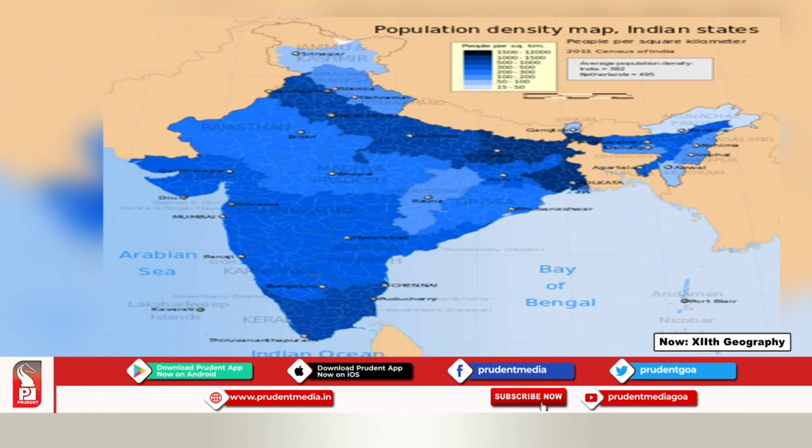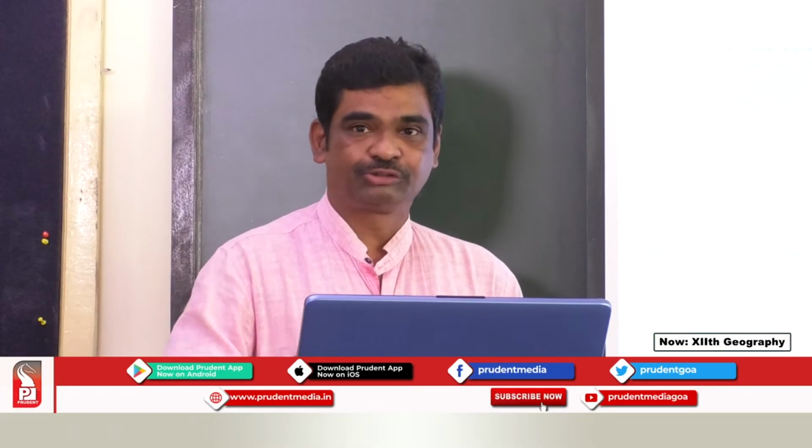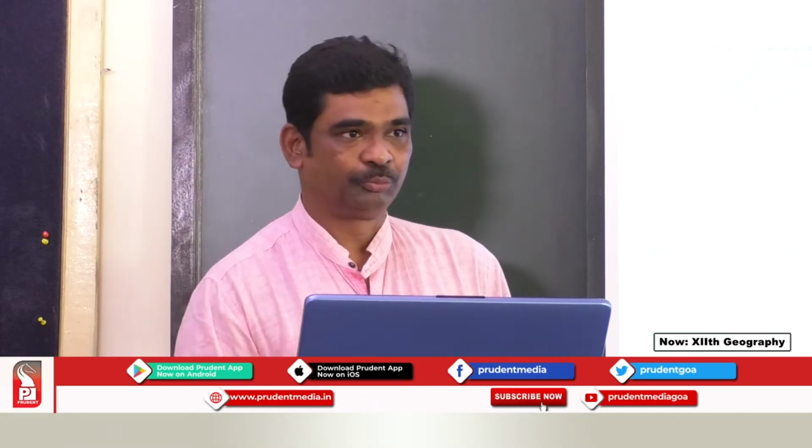This is the map of distribution of population density in our country. The dark blue patches show very high density of population, more than 700 persons per square kilometer as per this year's report.